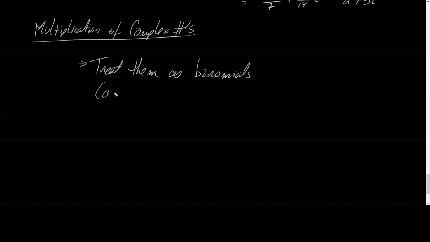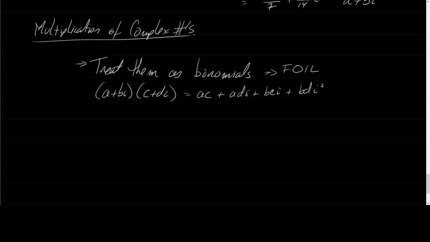Well, if I have a plus bi times c plus di, if I'm treating this as binomials, what I mean here is FOIL them. So what we have is a times c plus a times di plus bi times c, so bci, plus bi times di, so bdi squared.